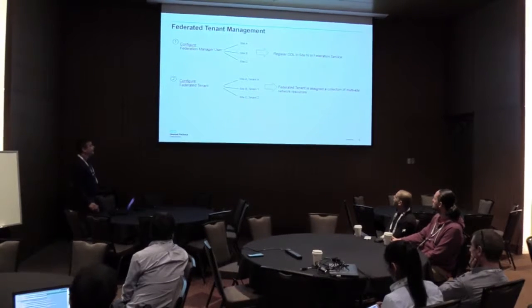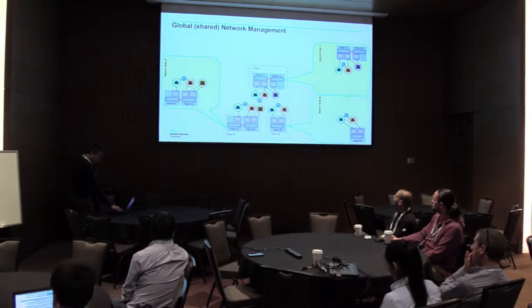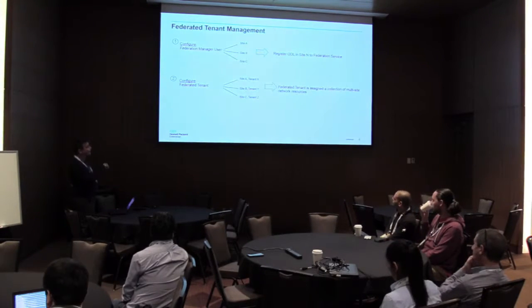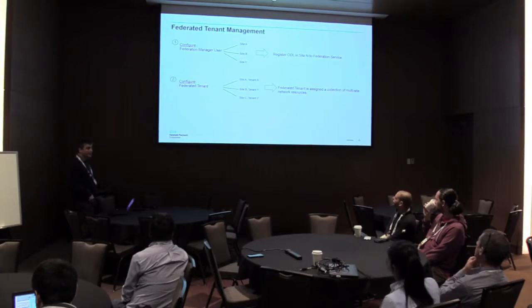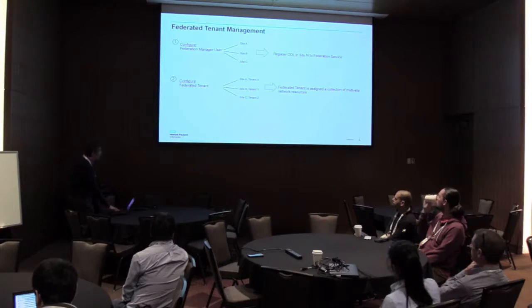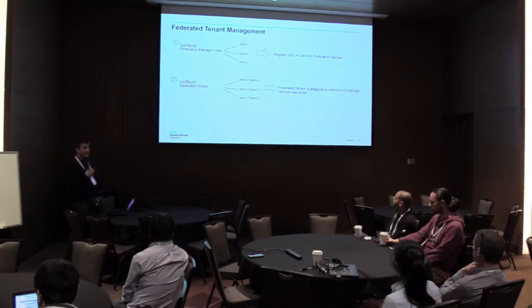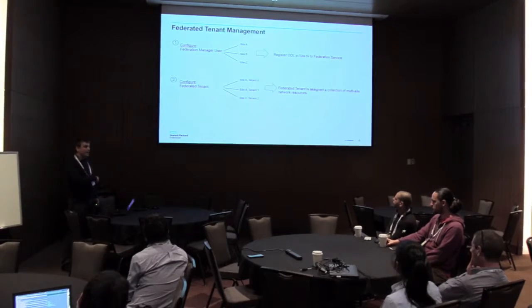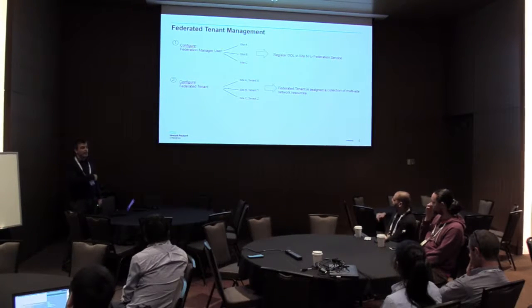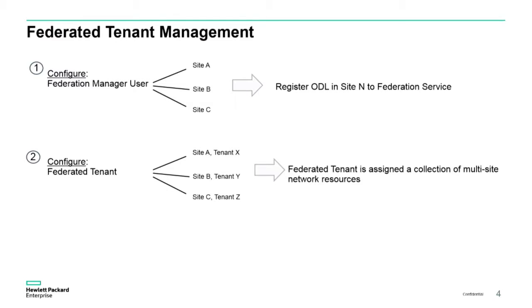So I want a federated tenant to be mapped to a different location. I do a register of the other sites to me, and that one I'm federating to them. And every update that I have, for example a new VM coming into my OpenStack and a new port coming up, the port is in the NetVirt model.